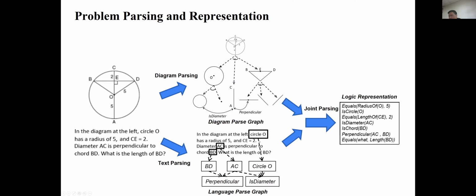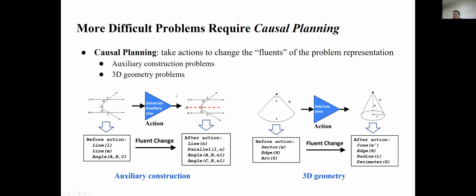We have another ambitious project by Song-Chun Liu, basically trying to solve this problem. You have a diagram that goes to a path graph, and you have language that goes to another path graph. You jointly generate a joint path graph. But some of the problems need auxiliary lines and causal reasoning. That means I need to add a new line to decompose, for example, or even in 3D, fold this fan-shaped area into a cone, and so on.